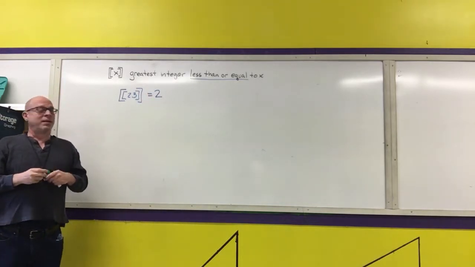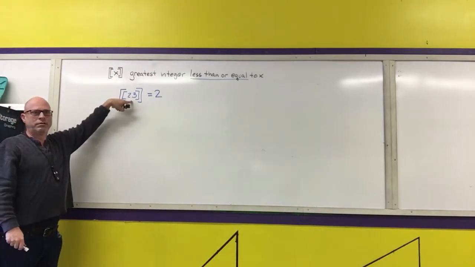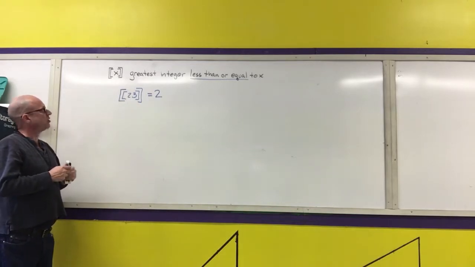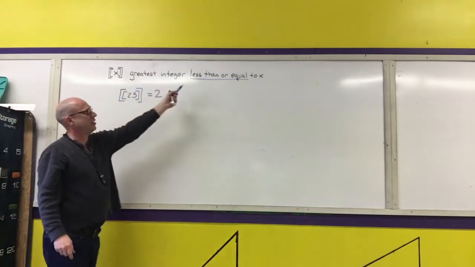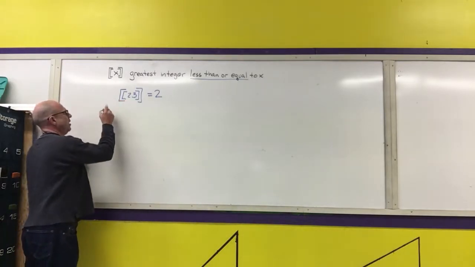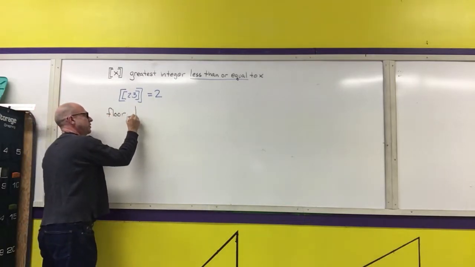So the way I'm going to talk about this is, hey, it's the integer that's below whatever this number is. Other books define this greatest integer that's less than or equal to x, and they give it a different name, and they call it the floor function. With that different name, they put different symbols.